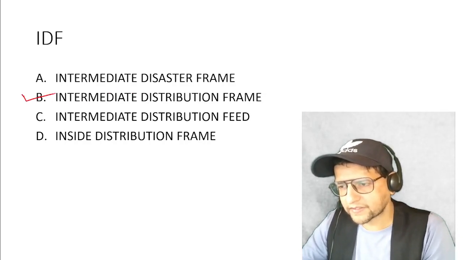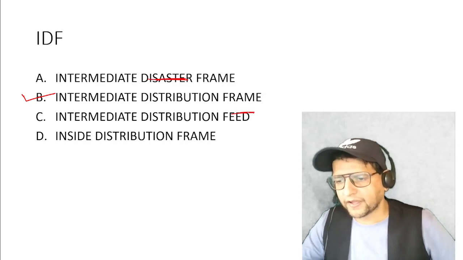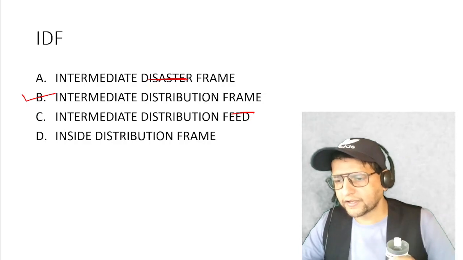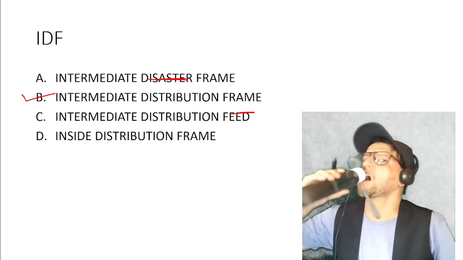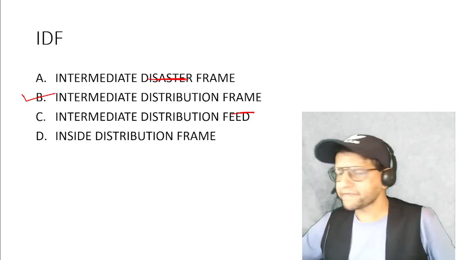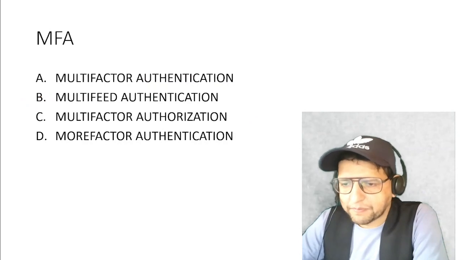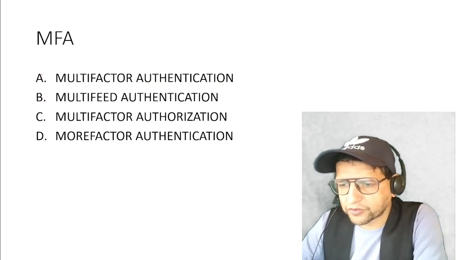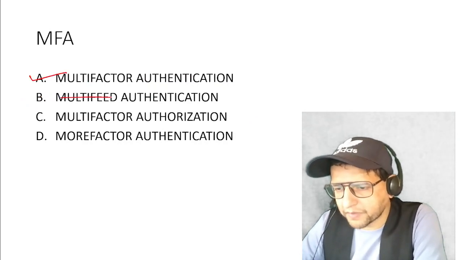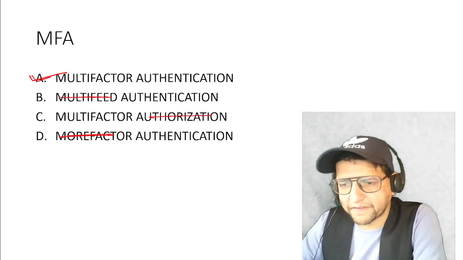So I think this is the right one, because it's not disaster, it is not feed, and it is not inside. Okay, so this is the right IDF. That's your IDF. MFA is your multi-factor authentication. It is not multi-feed, it is not authorization, it is not more factor. Okay, it is multi-factor authentication.